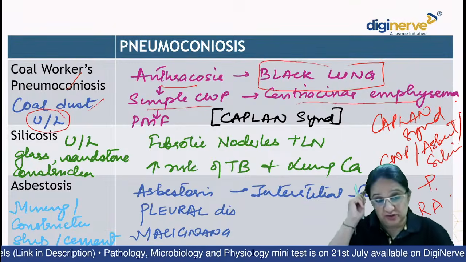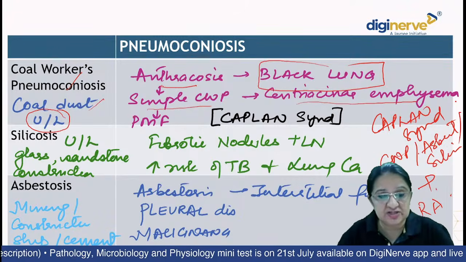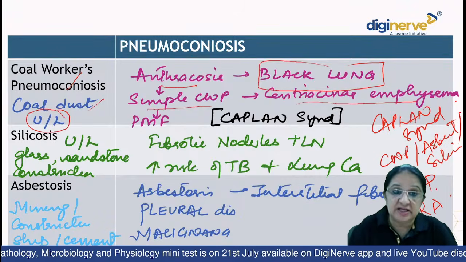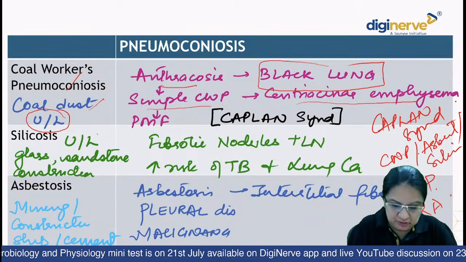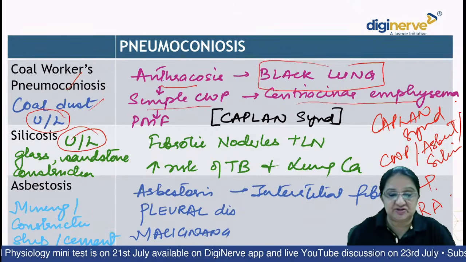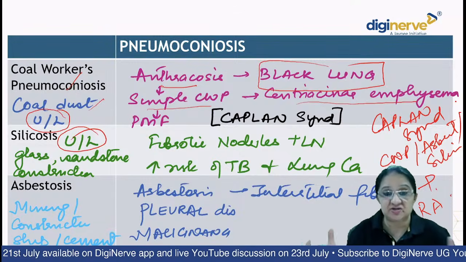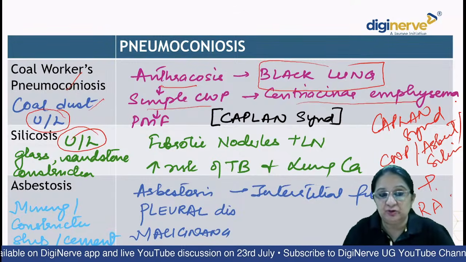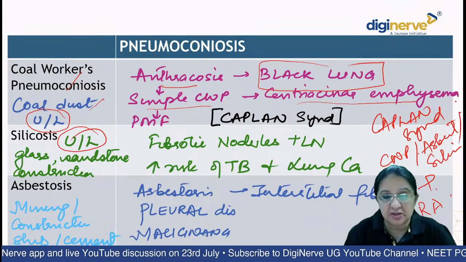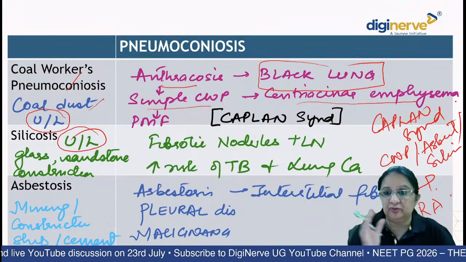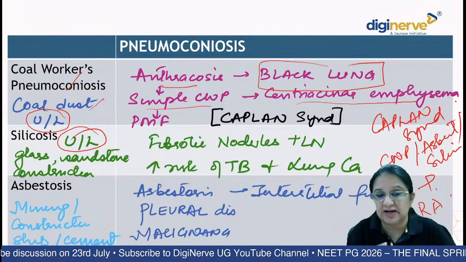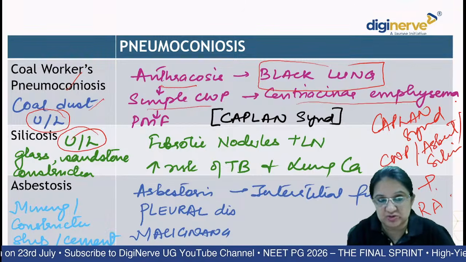So this is coal worker pneumoconiosis: coal dust accumulation, upper lobes. Silicosis, silica accumulation, usually seen in upper lobes. You'll be given a history of a worker in the glass industry, sandstone crushing, or construction industry, which is the pneumoconiosis associated with silicosis. Please note that you need to know the occupational hazard also, which industry it is associated with.